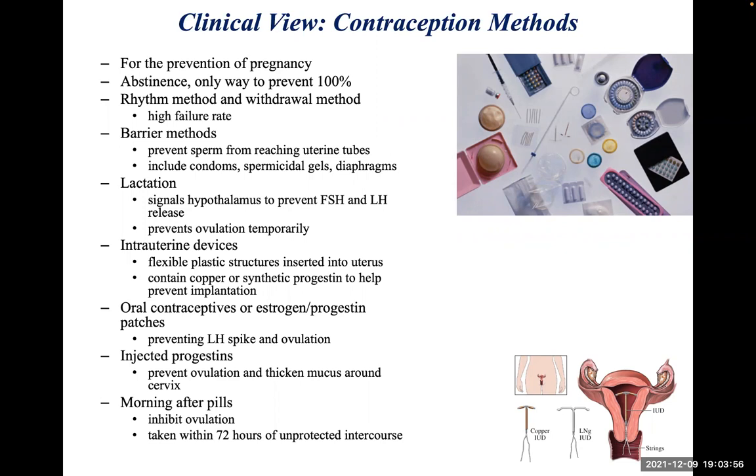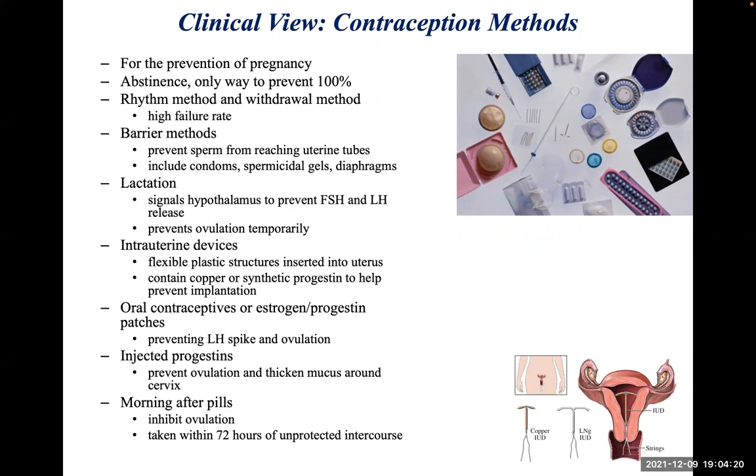Lactation is another. I have lactation on here because, from an educational standpoint, it's important, especially for women who maybe don't want to be pregnant or have multiple pregnancies and don't have access to birth control. Lactation can theoretically be used as a type of birth control.